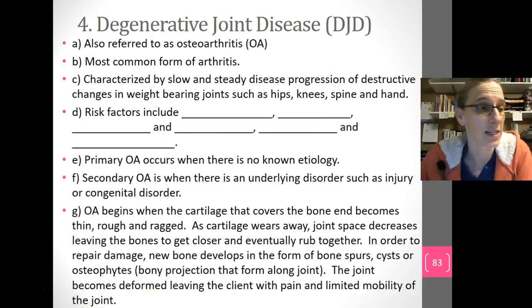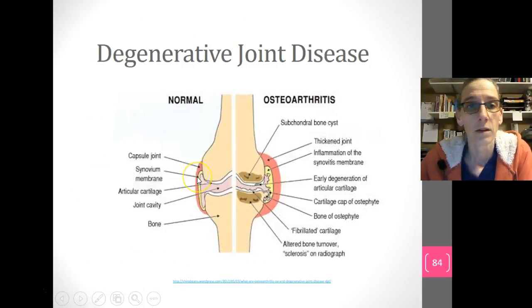It is a very painful disease. Okay, here's your picture of degenerative joint disease, or OA. Here's your normal joint over here, and here's your OA joint. Okay, so you can see the breakdown, the decreased cartilage, the bony prominences, and how they're just rubbing on top of each other there.